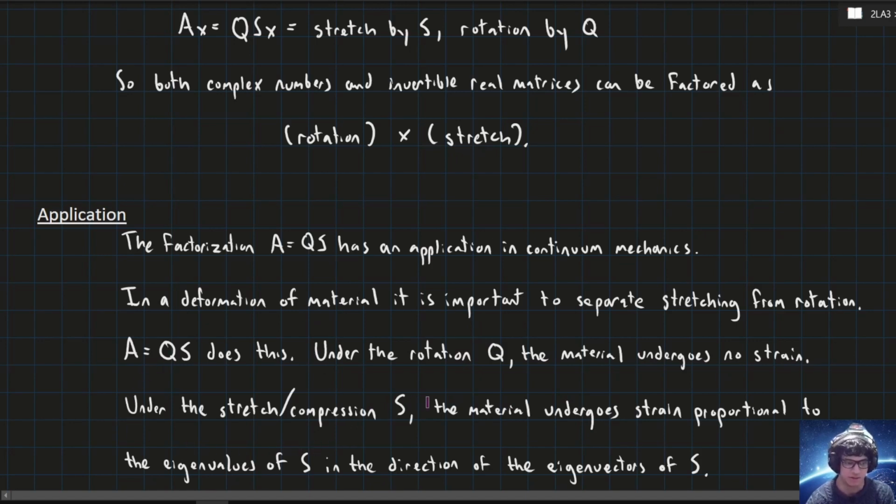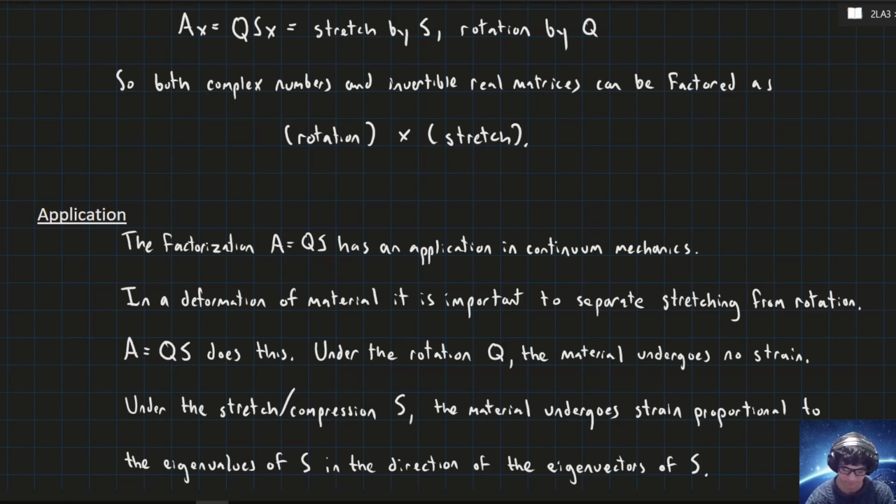Under the S part, which corresponds to a stretch or a compression, the material does undergo strain, which is proportional to the eigenvalues of S and in the direction of the eigenvectors of S. So that's an application of this particular factorization that's useful in material studies.